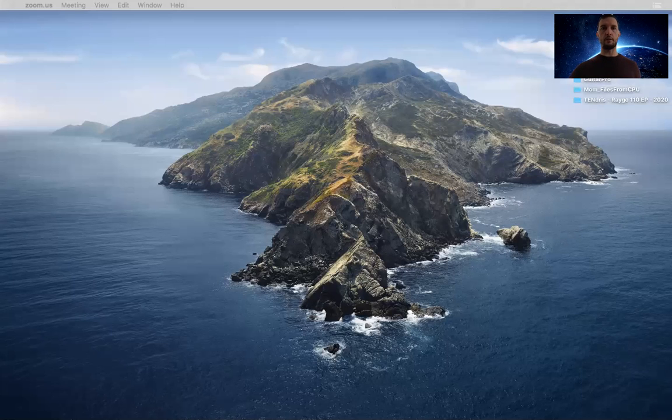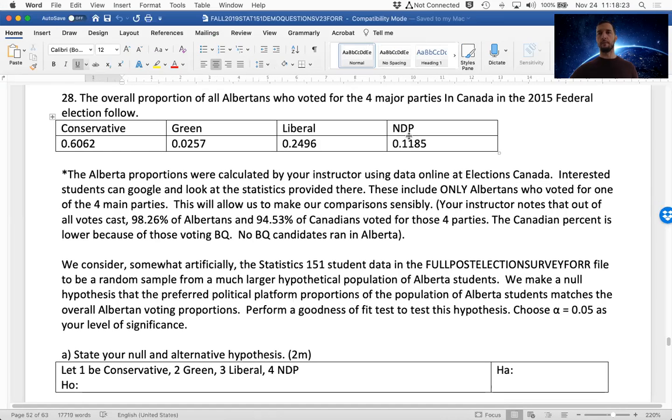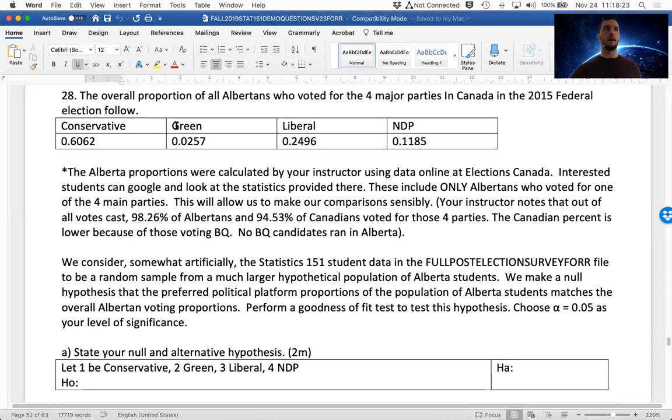Okay, so the 3 problems that we are going to work through from the demo exercises to illustrate how these 3 tests work are exercises 28, 30, and exercise 33, I believe. Exercise 33, yeah. So 28, 30, and 33 are the 3 that we're going to work through today.